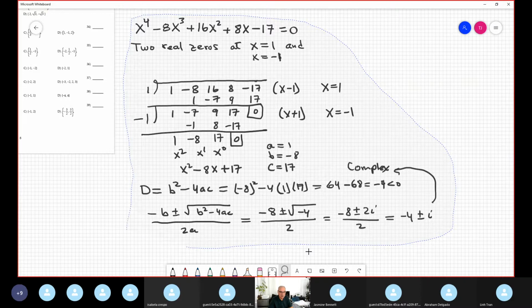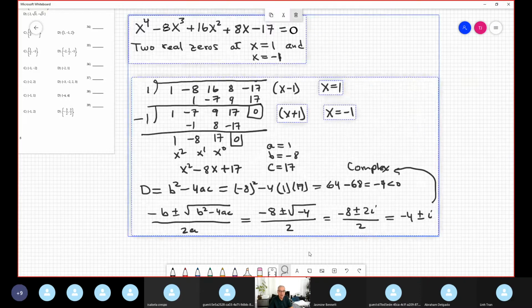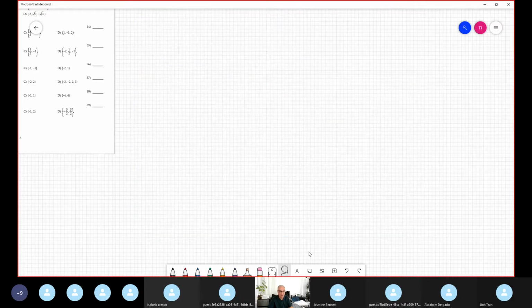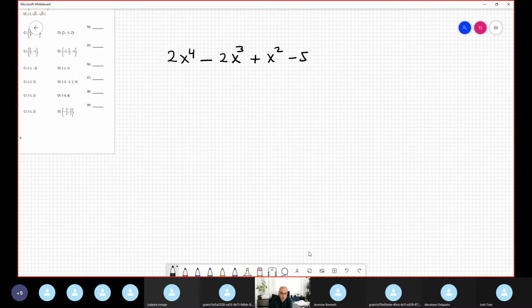Well, we focus on the idea for the question, not necessarily. If it is complex, you do the complete, that's it. Real, only real. Okay, 39 again is a polynomial of degree 4. 2x to the 4th power minus 2x to the 3rd power plus x squared minus 5x minus 10 equal to 0.